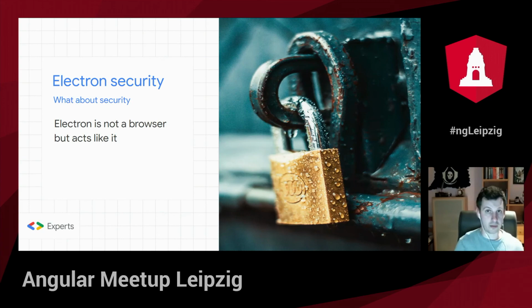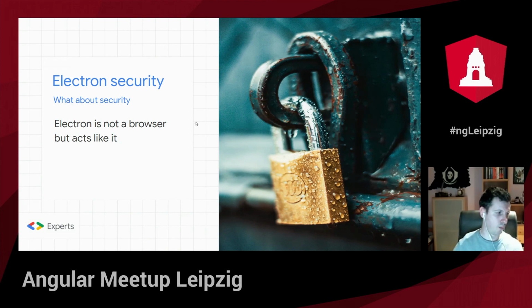But Electron may look like a browser, but it's not. So you need to put the security considerations in by yourself when you develop your application. In the next slide, which is the resources links, I have put a link about security best practices.